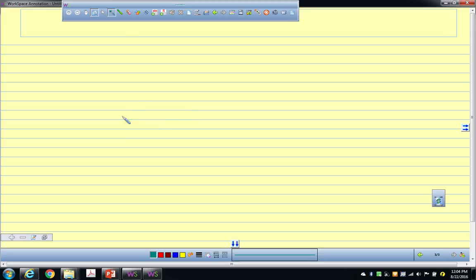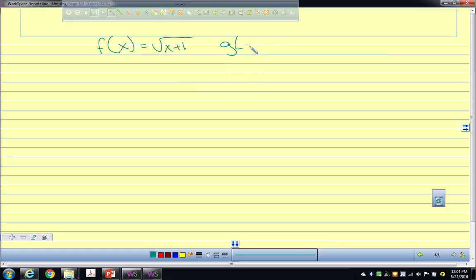So say I were to have something like f of x is equal to the square root of x plus 1, and g of x is equal to x. And I say find f times g of x and its domain.